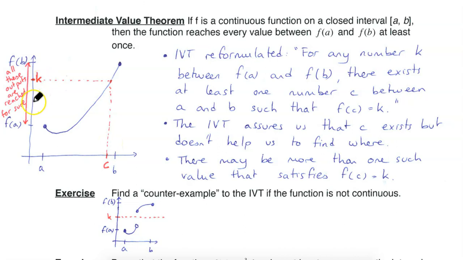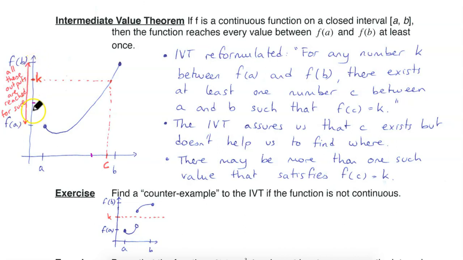I could have chosen k down here, and I would again have been able to find a value c, I'm guessing at this time it would be here, where f of c equals k. This is just what the intermediate value theorem tells us.